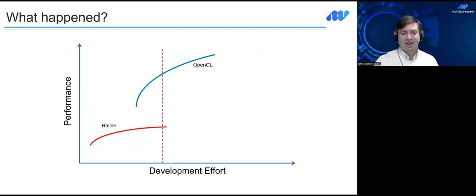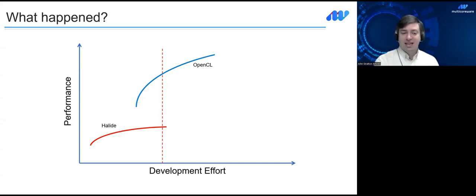Here's what happened. By shifting the productivity curve, the OpenCL versions that we were comparing against, this isn't the OpenCL version that got peak performance. What happened was there was a developer team, primarily in Cadence, that was doing optimization of their OpenCL example kernels, and they said, let's put in a reasonable amount of development effort to get a reasonable amount of performance out of these kernels.